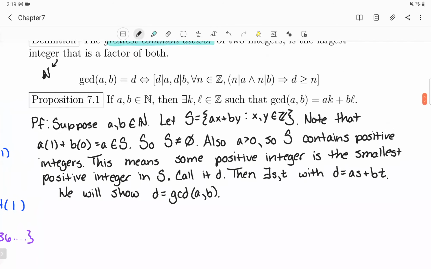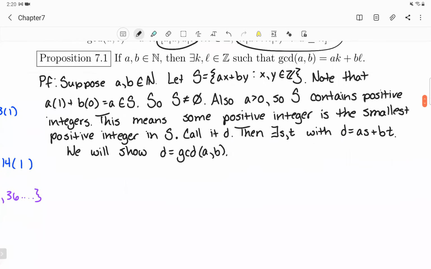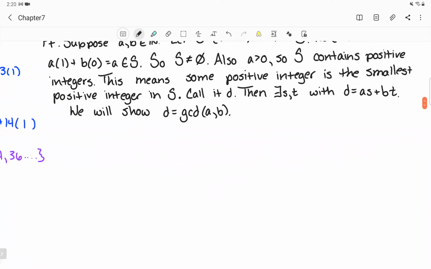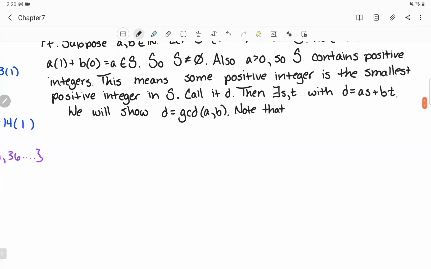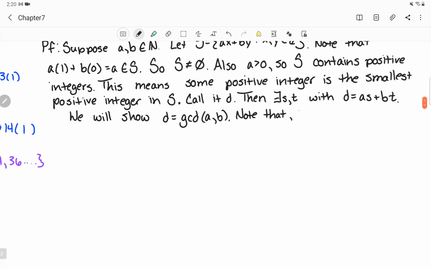GCD has two main things you need to show, right? It needs to divide both, and it needs to be the biggest thing that divides both. Okay, divide both and be the biggest thing that divides both. So let's work on the first part. So let's note that by the division algorithm, which we've seen, but I'll remind you what that is.